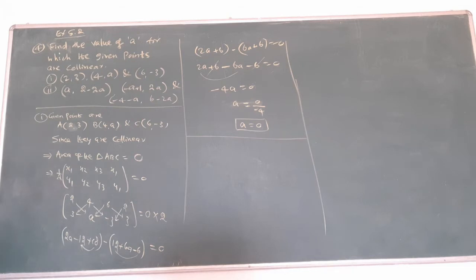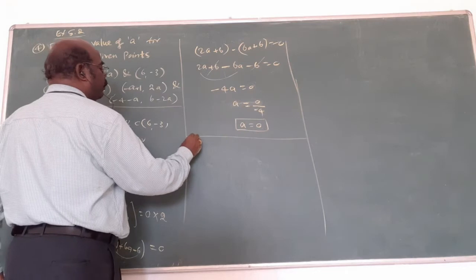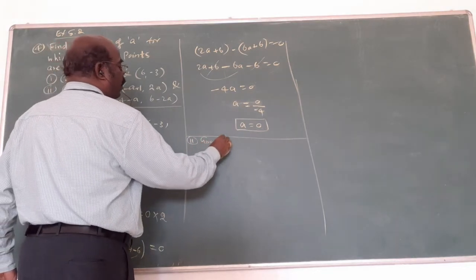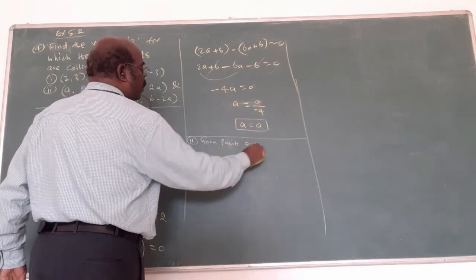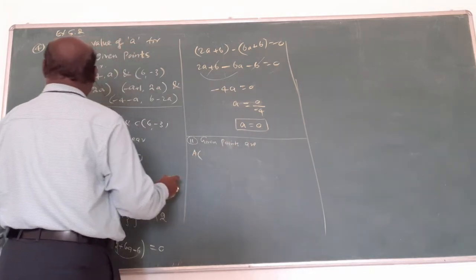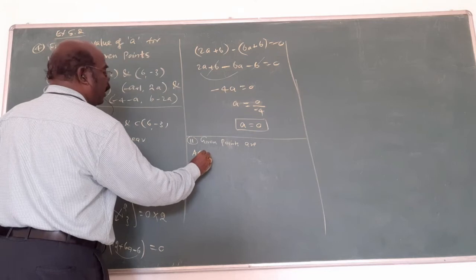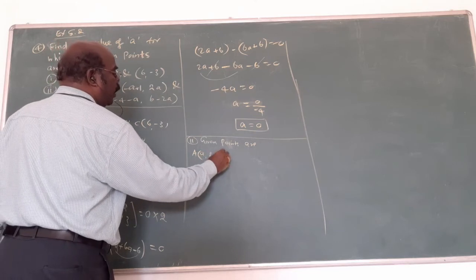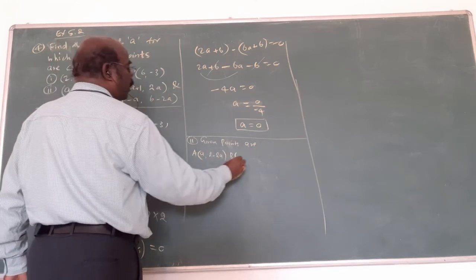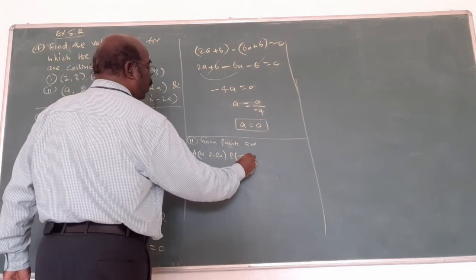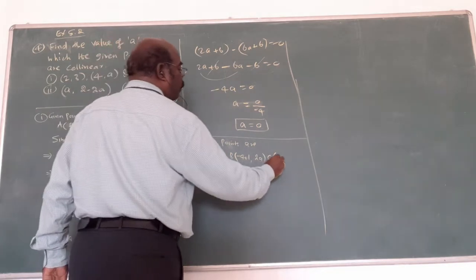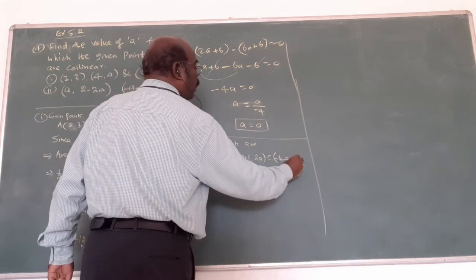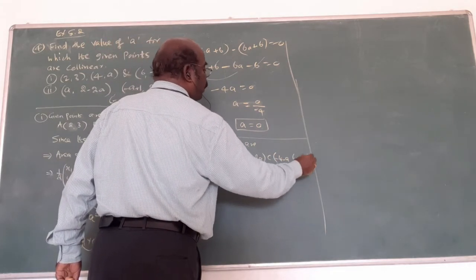Now the next question is the same thing, second subdivision. The given points are: A is (a, 2 minus 2a), B is (minus a plus 1, 2a), C is (minus 4 minus a, 6 minus 2a).